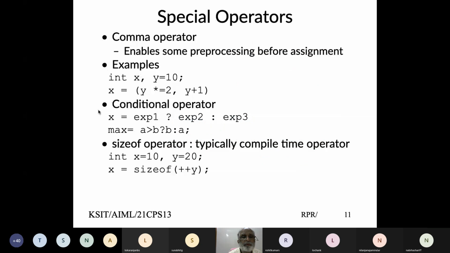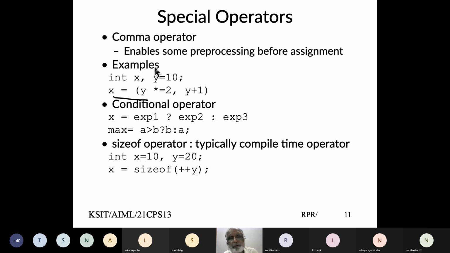Another C-specific operator is what we call the comma operator. Essentially, this enables some kind of pre-processing and the results are discarded. Look at x equal to (y *= 2, y + 1). The first part is evaluated and discarded, and x is assigned the last value.